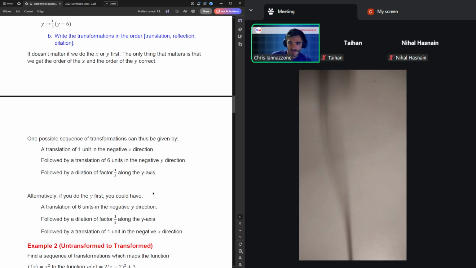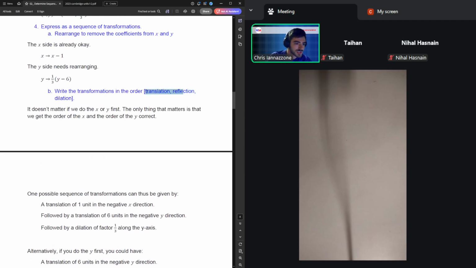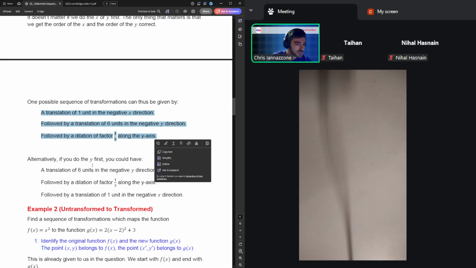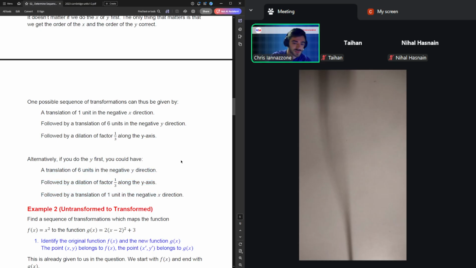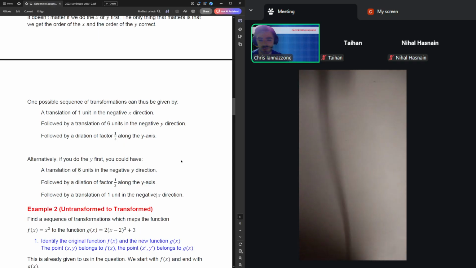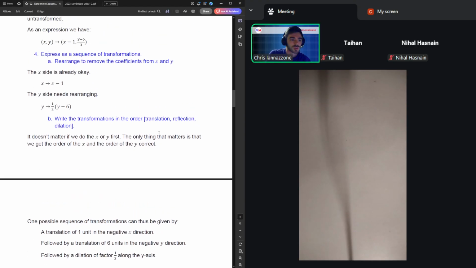What happens to the x stays on the x, what happens to the y stays on the y. So as long as you're doing translate, reflect, dilate individually for each x and y, you'll be fine with whatever order you end up doing those in, whether you do x first then y, y first then x, or if you, for whatever reason, wanted to, you could also intermingle them. If you want to just do all translates, then all reflects, then all dilates.